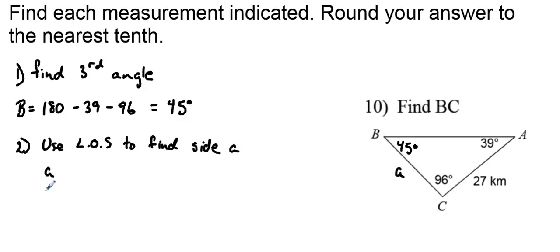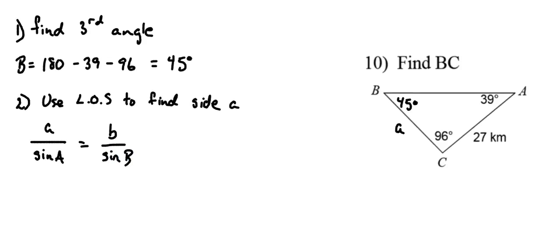So A over sine A equals B over sine B. And I'm just going to plug in. So A over the sine of 39 degrees equals 27 over the sine of 45. And that is not too difficult to solve.